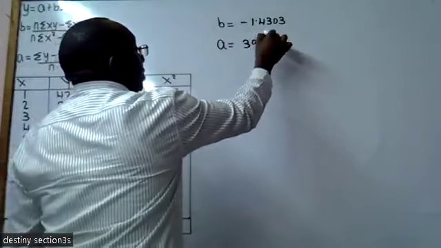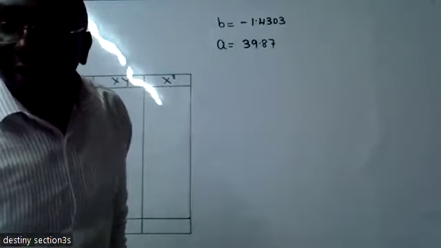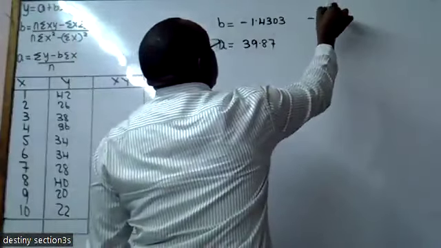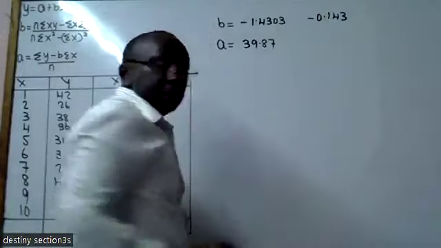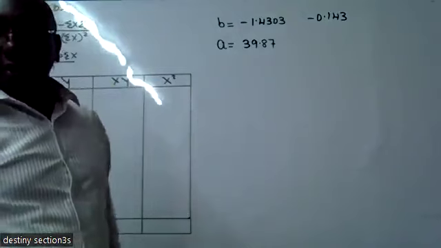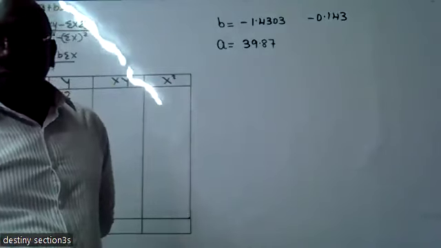But I can see Sam is disagreeing and is telling me it's negative 0.143. So now someone else to give me the figure so that I know which is which. Is it 1 point or is it 0 points?